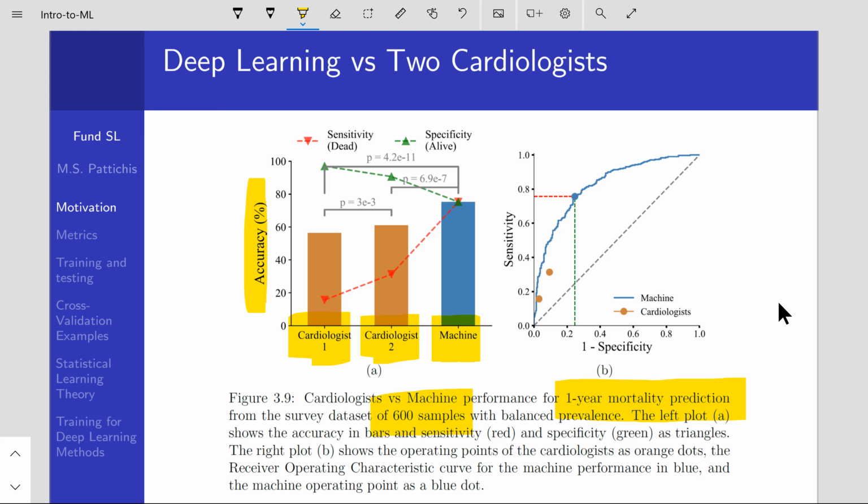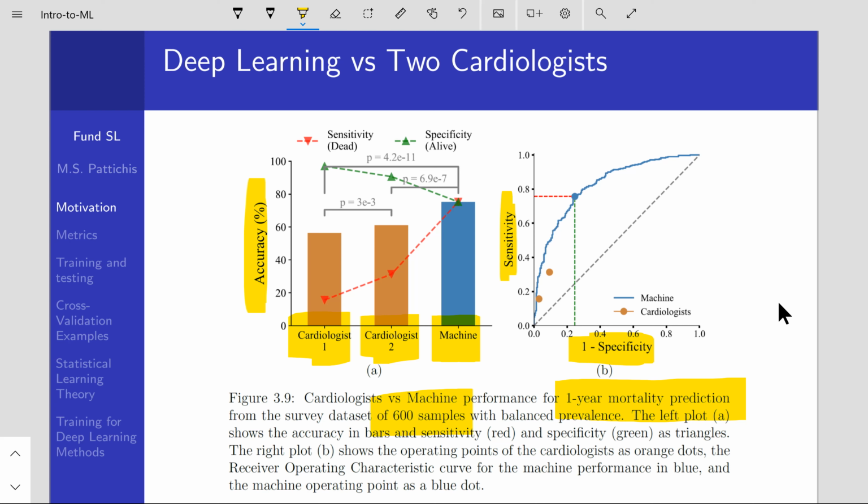Okay, so on the left plots, we have the accuracy overall, but on the right-hand side, we have a graph that we will study, which is what we call sensitivity versus 1 minus specificity. We shall cover it later, explaining much more.